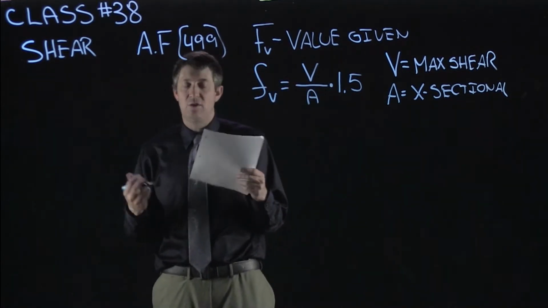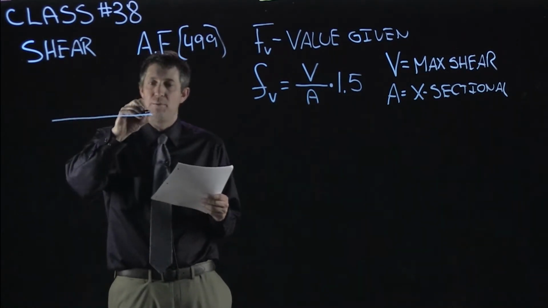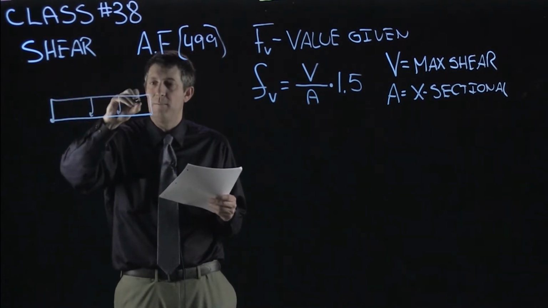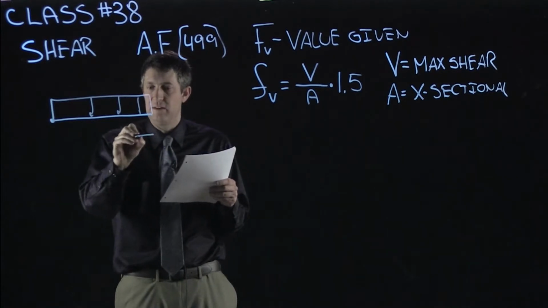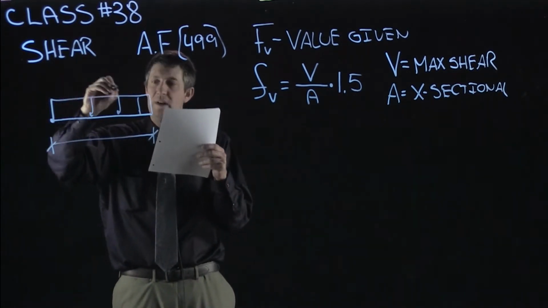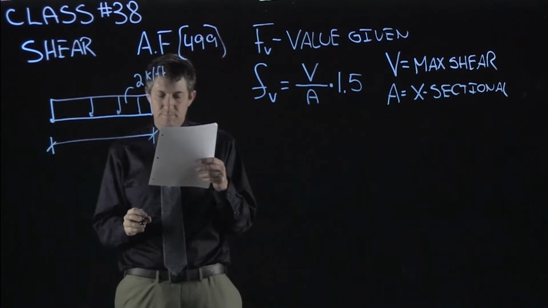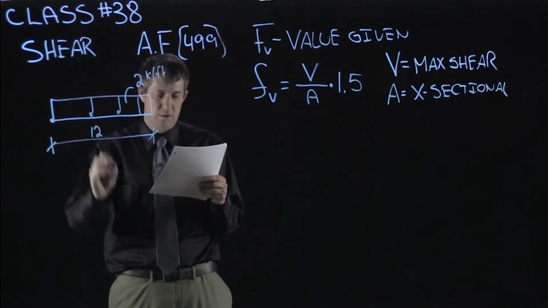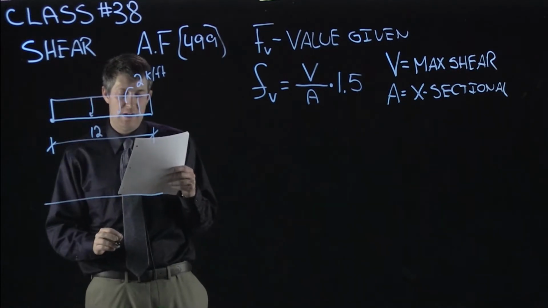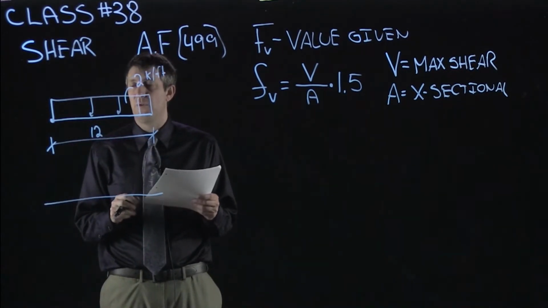So I'm going to go back to the simple example that we looked at in a previous class. We have a beam here that is 12 feet long, and we have a load of 2 kip per foot. For this 12-foot long beam, we want to do our shear diagram. Well, 12 feet times 2 is 24 kips going down.